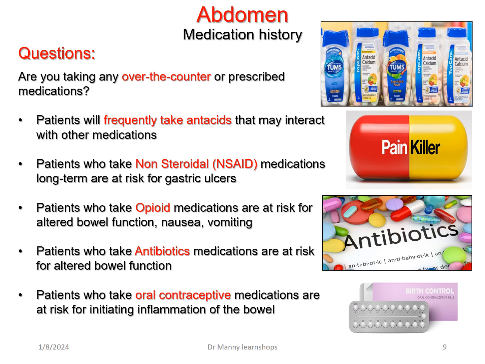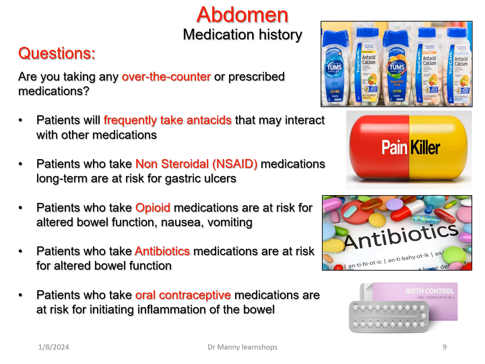Medication history is also important, and questions that may be related to medications and the abdomen are: are you taking any over-the-counter or prescribed medications? Patients may be frequently taking antacids, which can be bought over the counter.